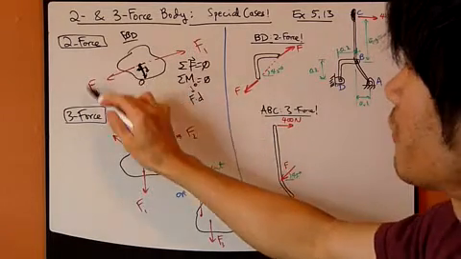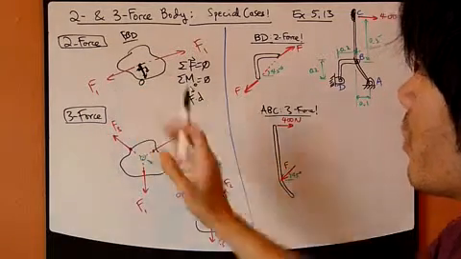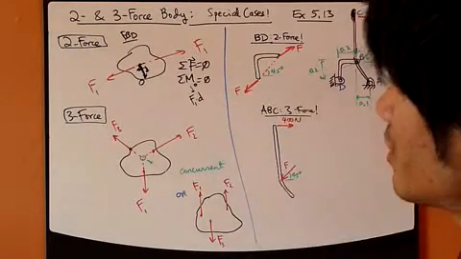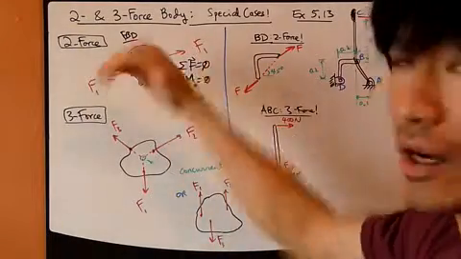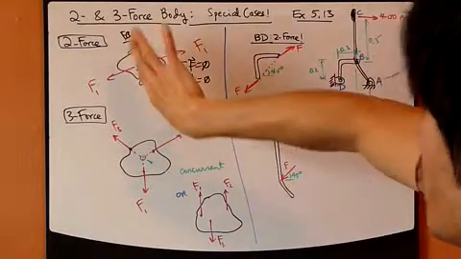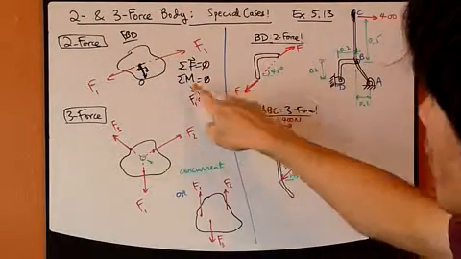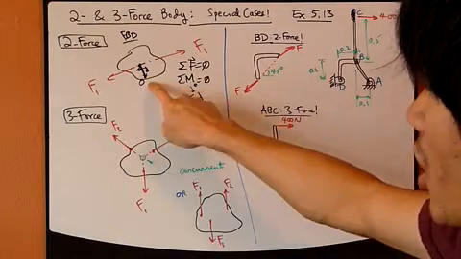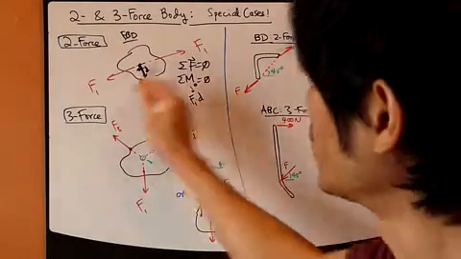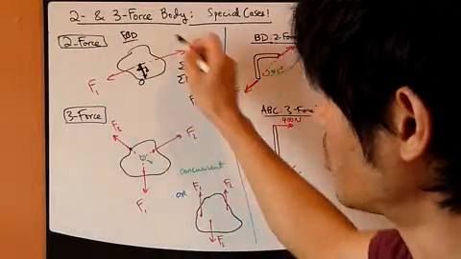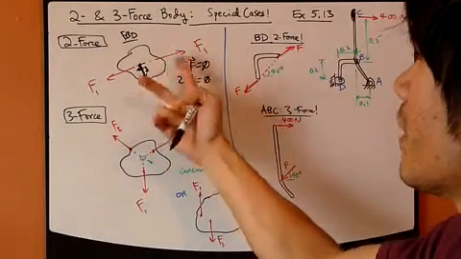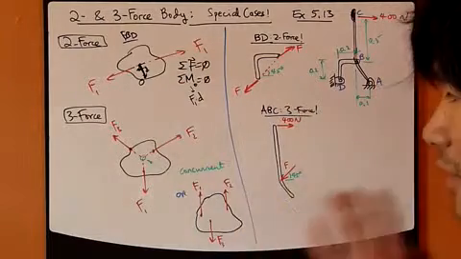So this force on the left will create a moment F1 times d. That's counterclockwise. So the second force will create exactly F1 times d also, but clockwise. Therefore, sum of moment about point O equals 0. They cancel out. So this is the only way where this rigid body can be in equilibrium, if it's subject to only two forces. They have to be along the same line of action.